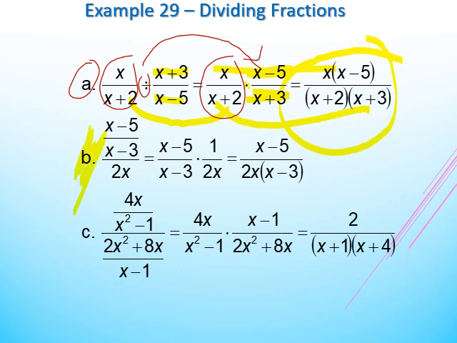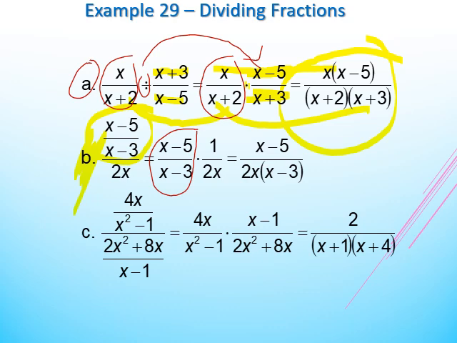Number B, x minus 5 over x minus 3, all over 2x. Now we take the numerator as the fraction x minus 5 over x minus 3, and the denominator here will be 1 over 2x. Why?